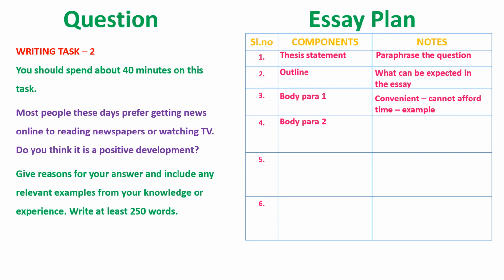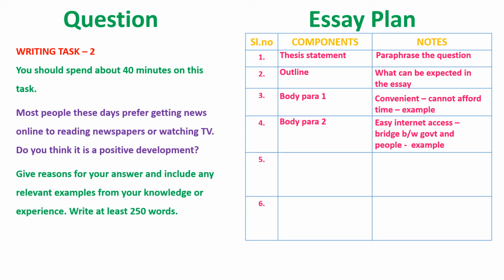Moving on to body paragraph 2, even here, I'm going to mention only positive influences of news on the internet. The main point which I am going to mention here is that since everyone has easy access to the internet, the gap between the government and people has narrowed down.